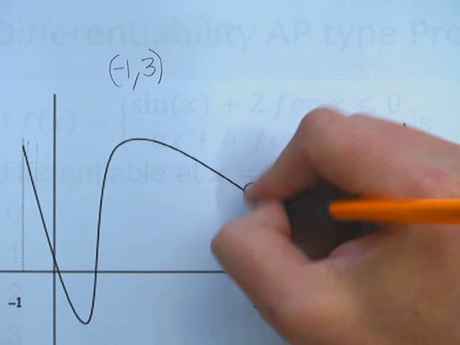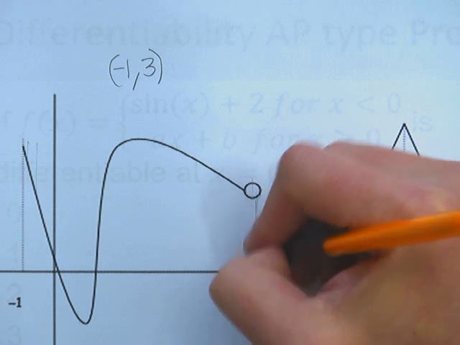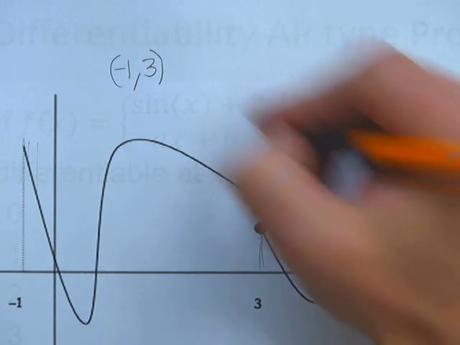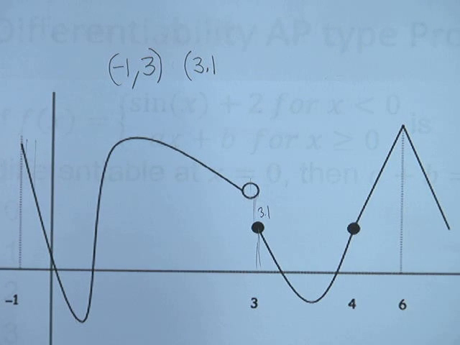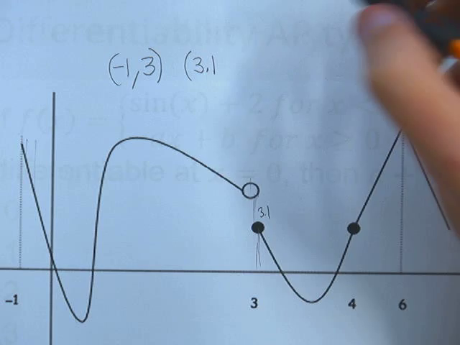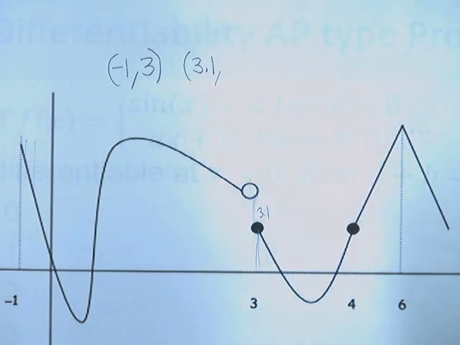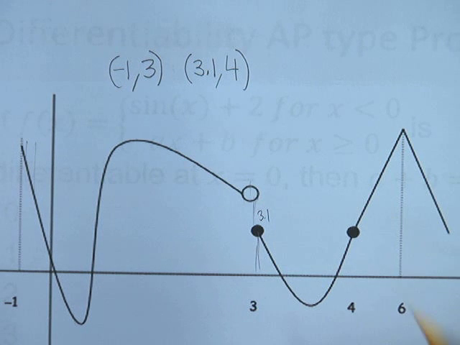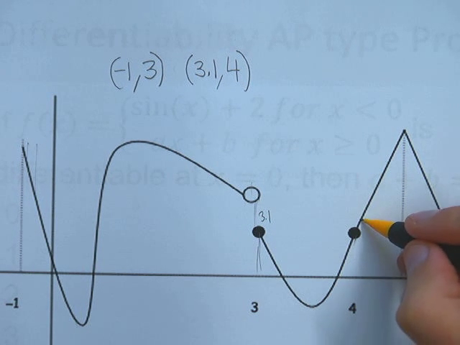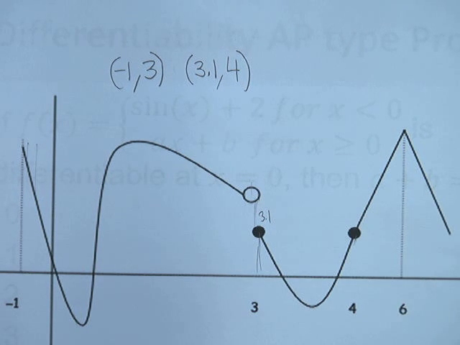Assuming these line up, it doesn't really look like they do. So maybe this is like 3.1 here. So I'm actually going to say I start my next interval where I'm differentiable at 3.1. And that goes until I get to 4. At 4 here, this slope does not look to me exactly like this slope. It looks like it's instantaneously changing.